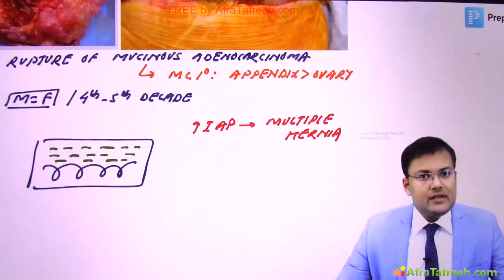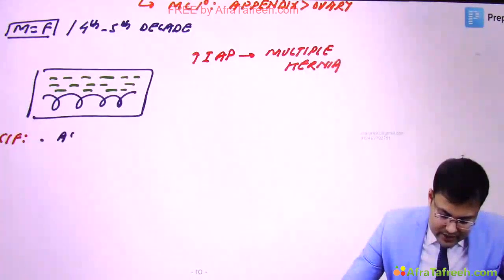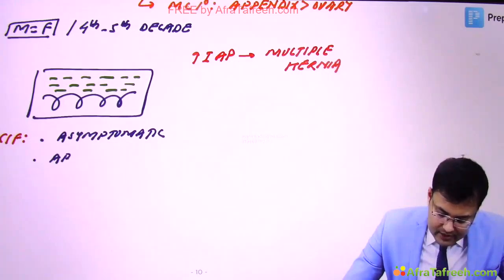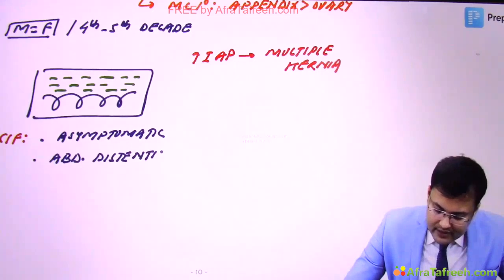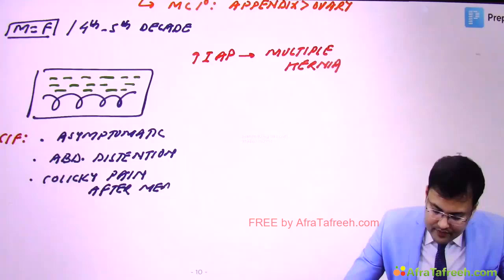See the clinical features. Initially, patients are asymptomatic. There is abdominal distension. There is colicky pain, especially after meals.